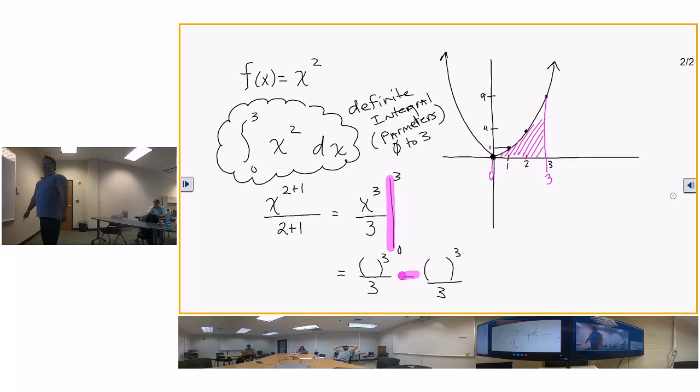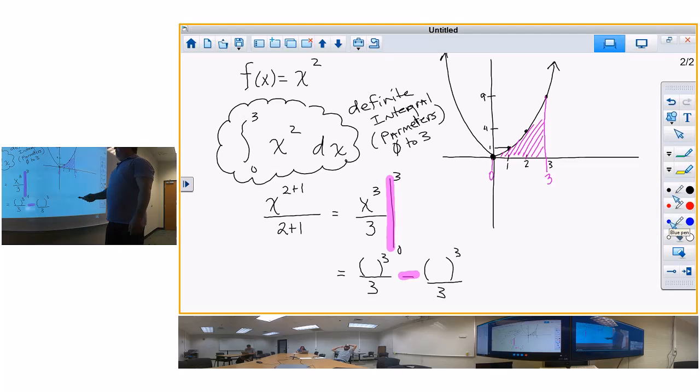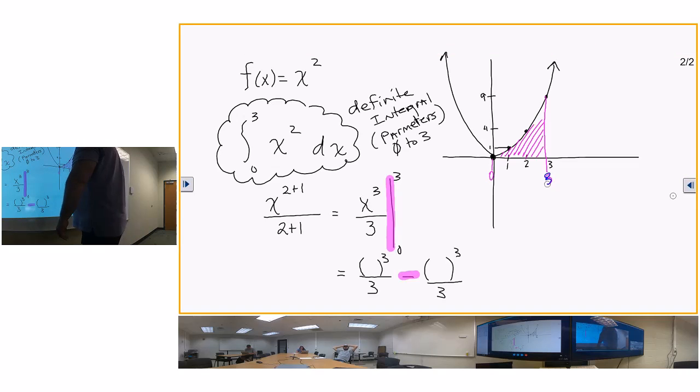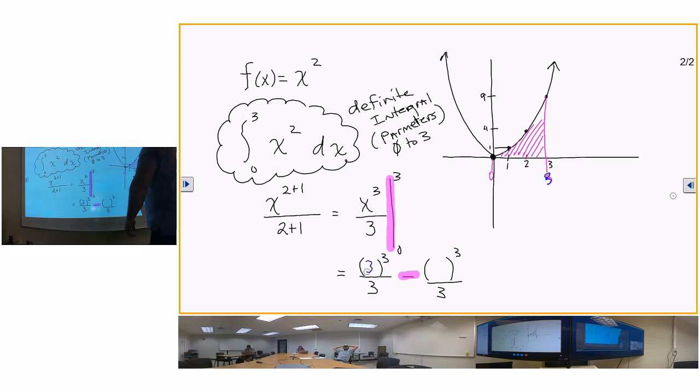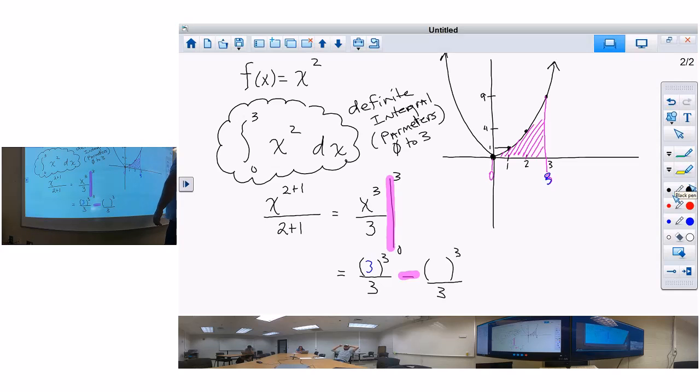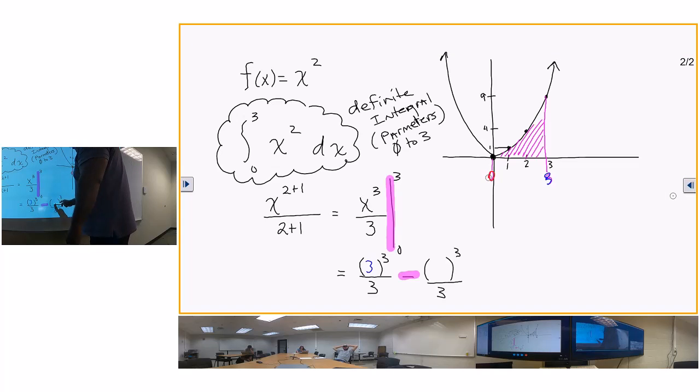So somebody plug in 3. 3 is your biggest number, so it goes in first. So I'm going to put in a 3 right here. There's your 3. And then my 0, I'll color it red. I don't like to use red, but ooh, it clashes with that magenta.